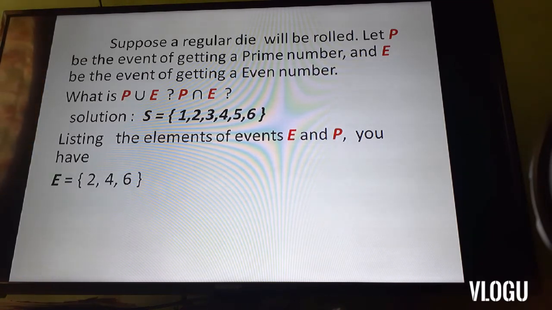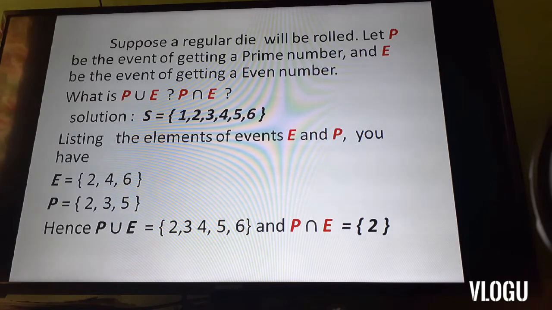So the elements of event E are 2, 4, and 6, which represent the even numbers, and for event P, the prime numbers, they are 2, 3, and 5.